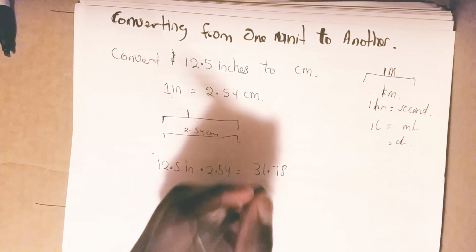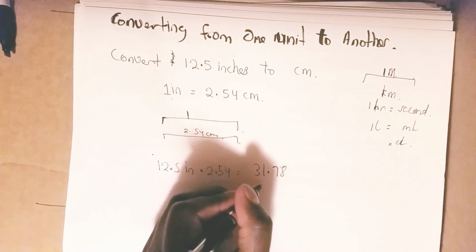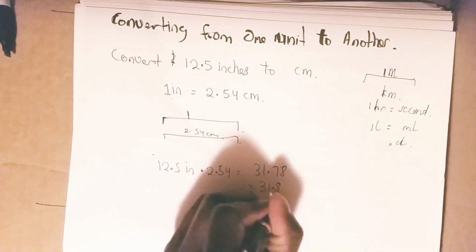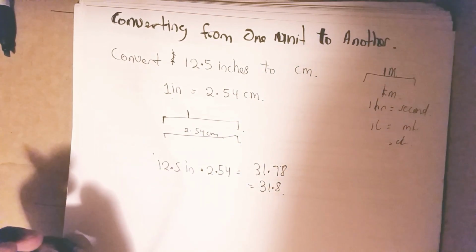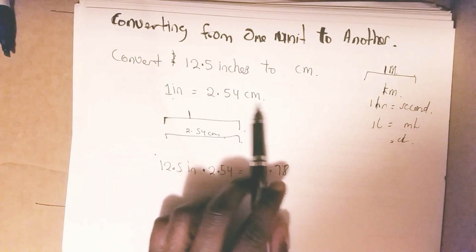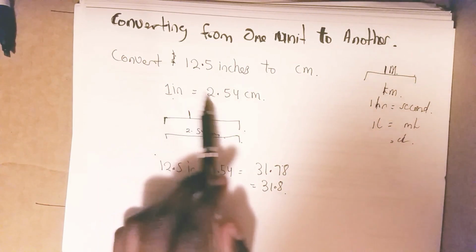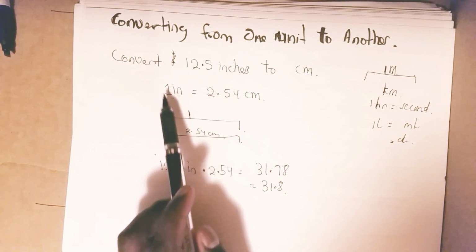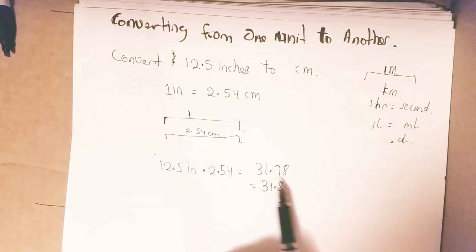The next digit is 5, so you round it up to 31.8. Simple conversion. If 1 inch is 2.54 centimeters, then 12.5 inches would just be 12.5 multiplied by this.